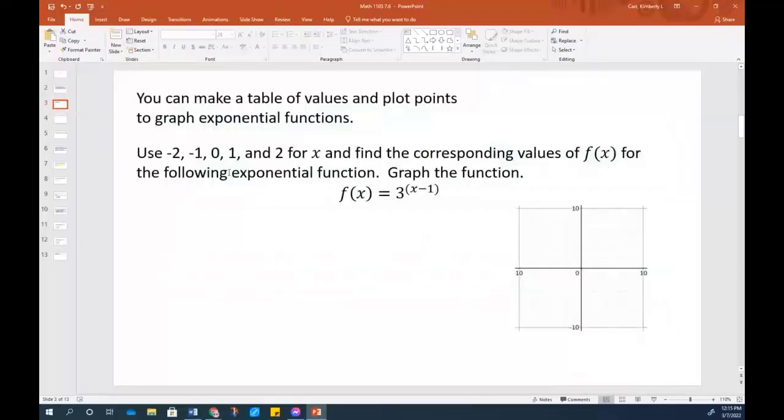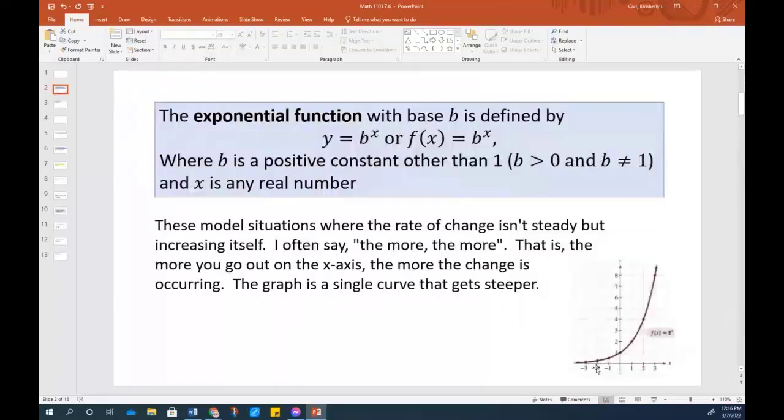So let's look at that, because we can graph these. There are several methods of graphing, but we're just going to stick with making a table of values and plotting points. As you put in some numbers, because of those little bitty values over here to the left, you have tiny little decimals.